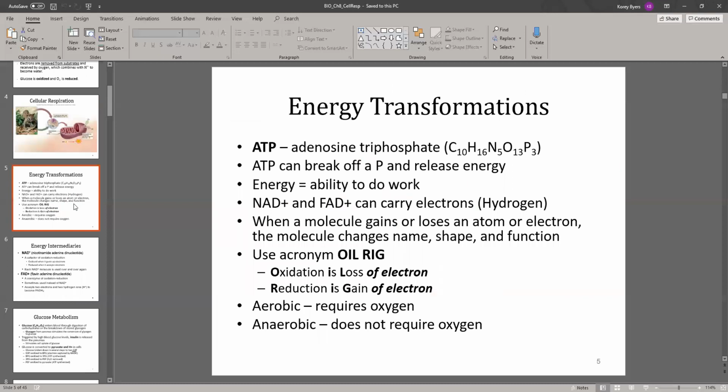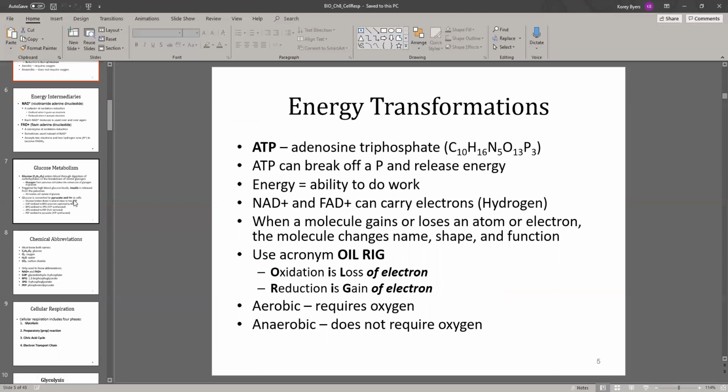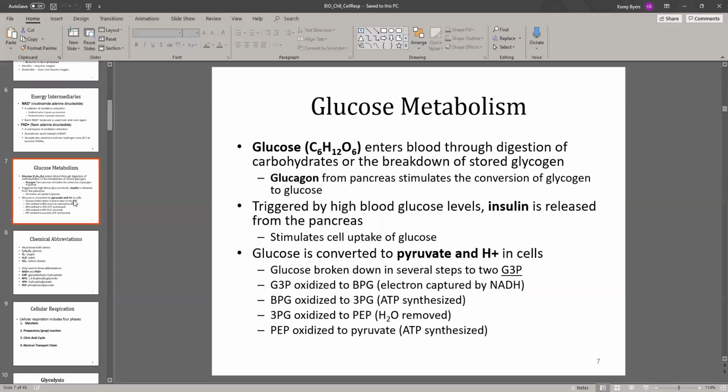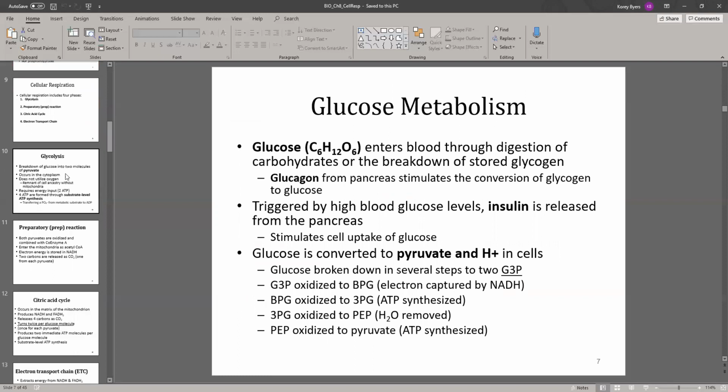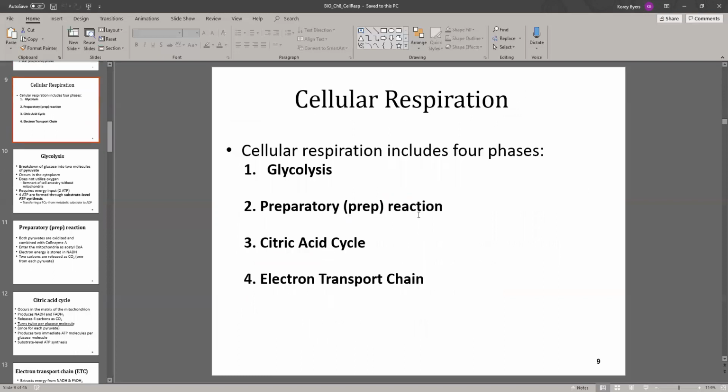Just like photosynthesis, you have to be familiar with energy transformations and some of these terms. Let's see. In cell respiration, there are 4 main steps: glycolysis, which is actually breaking apart that sugar molecule; prep reaction, where we prepare that new substance to enter the mitochondria; the citric acid cycle, where we access those electrons; and the electron transport chain, where we dump those electrons off and essentially utilize them to make a ton of ATP.